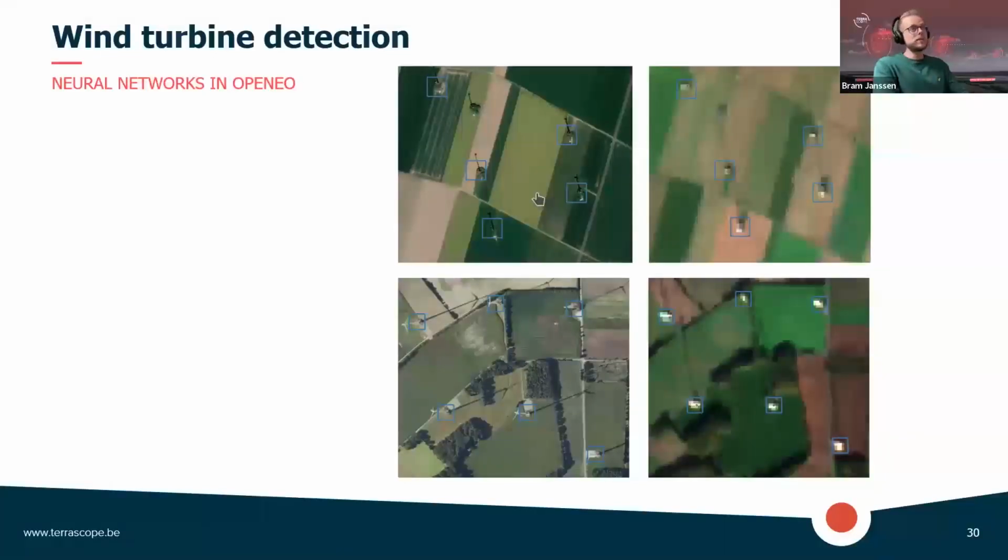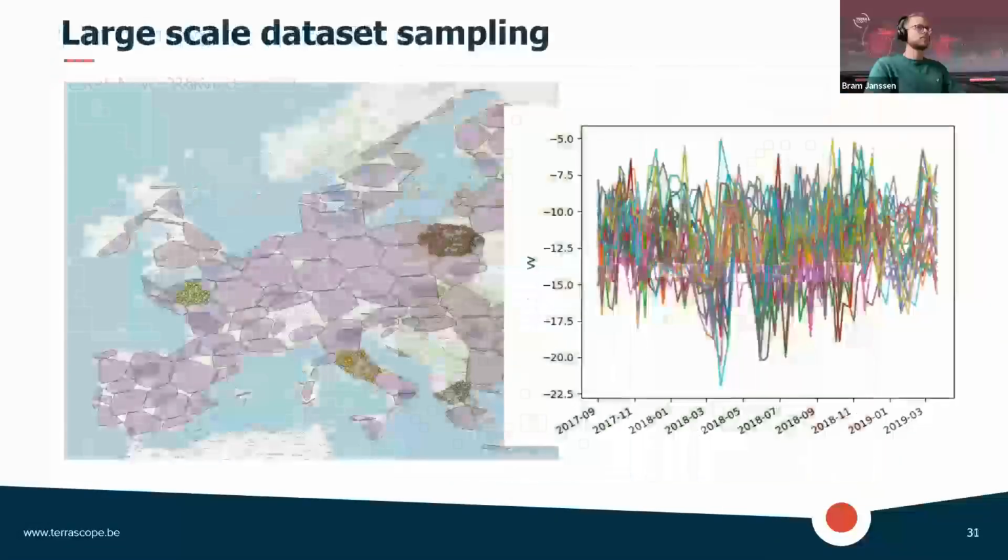We also have use cases that are more focused on AI and machine learning, such as the wind turbine detection created by DHI, where they actually implemented neural networks within openEO. So the training and the inference of the windmill detection is completely implemented within openEO in this case.